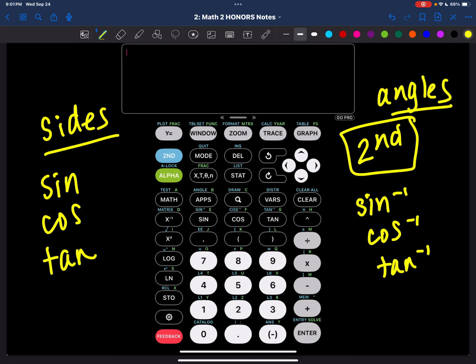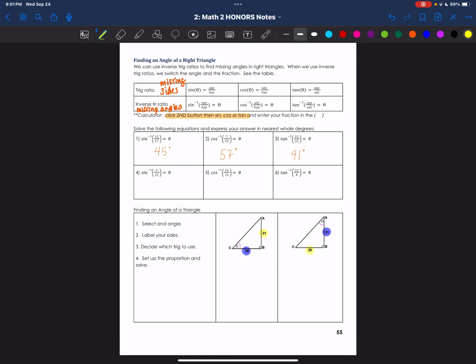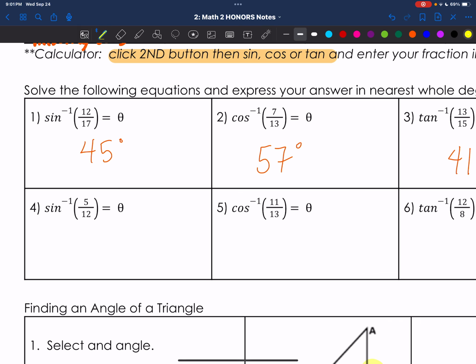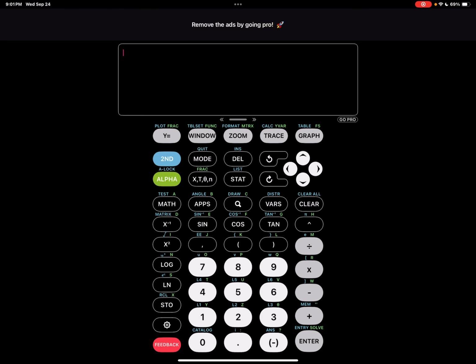All right, so now let's go ahead. I'm going to show you on the calculator how to do this. So we're going to enter all of this in. Let me clear all of that.